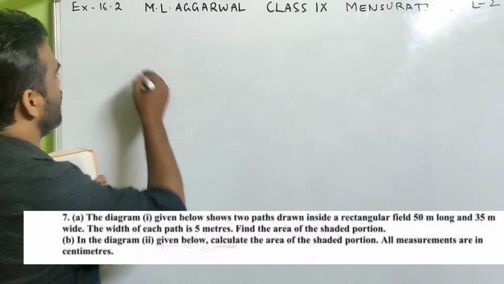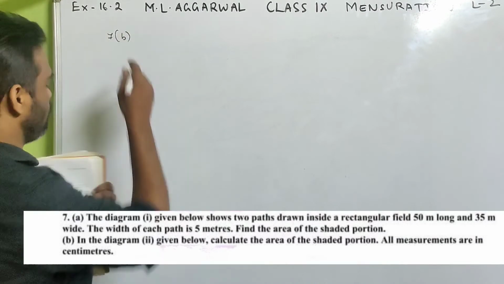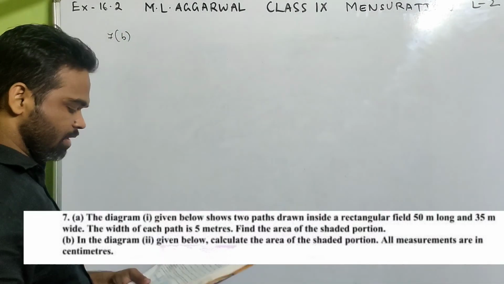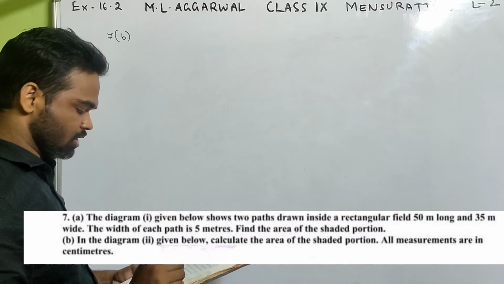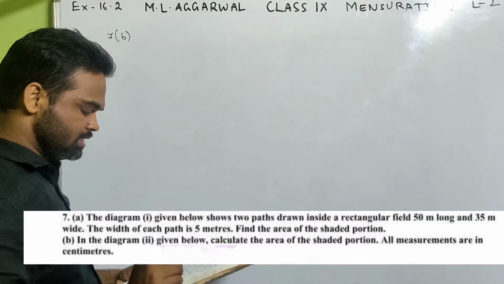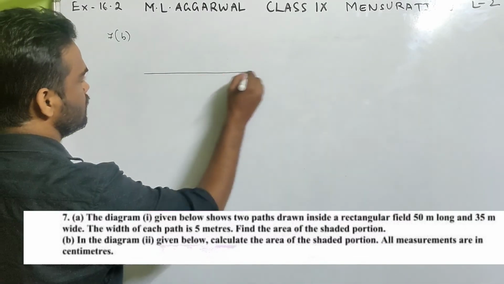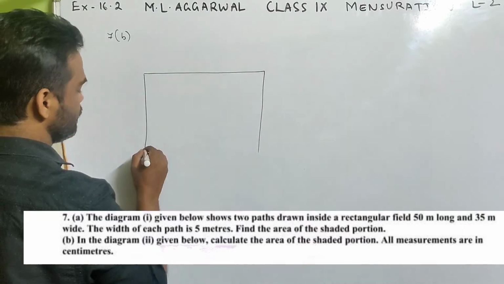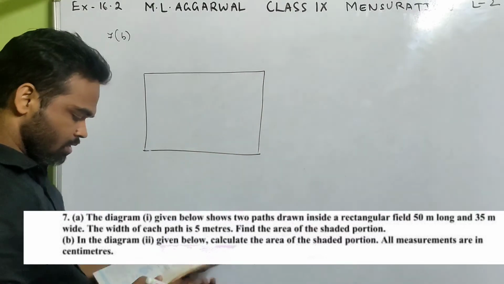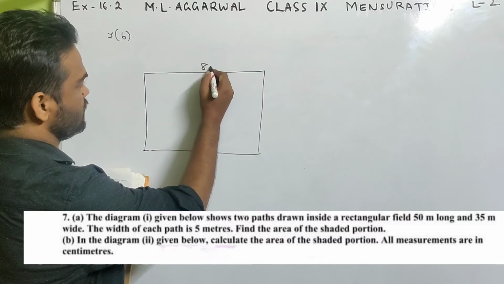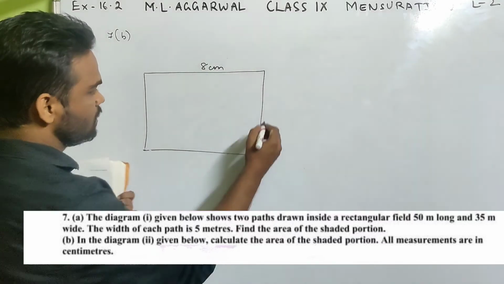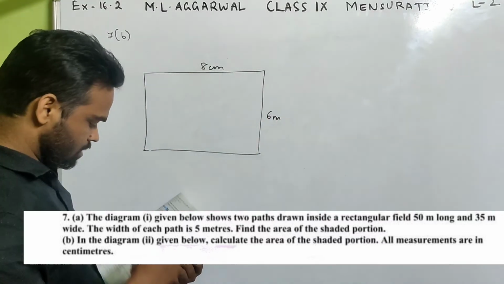Now look at 7 part B, what they have told. In the diagram given below, calculate the area of the shaded portion. All measurements are in centimeters. So they have given a rectangle whose length is 8 centimeter and the breadth is 6 centimeter.